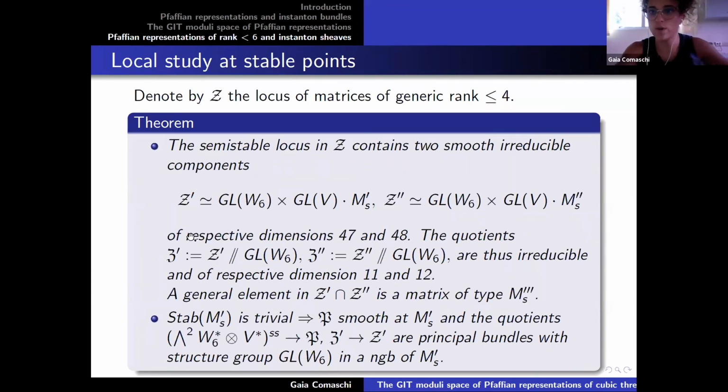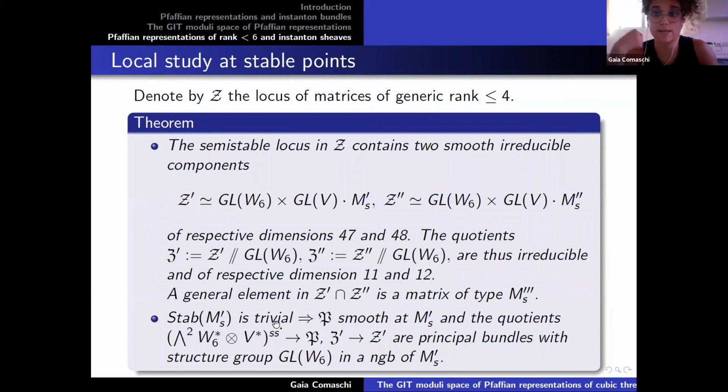Moreover, in the intersection of these two components, we will have all the points associated to singular conics, so all the matrices associated to intersecting lines. We can prove that the stabilizer of a matrix associated to a smooth conic is trivial.